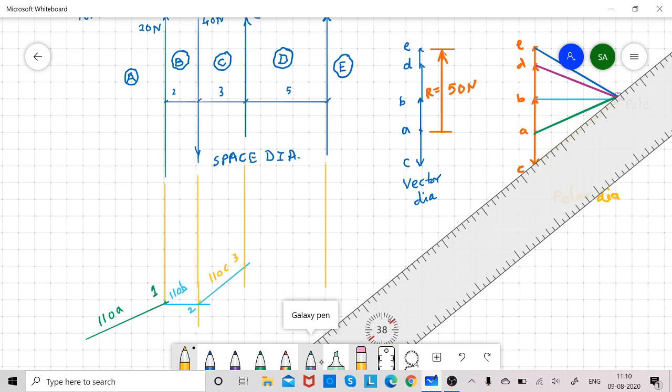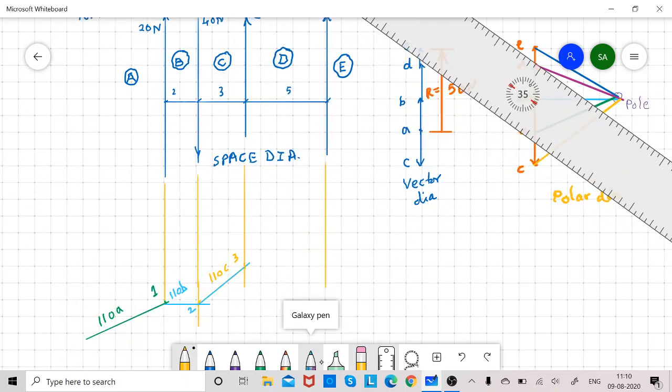Now from point 3 in space D, draw a line parallel to OD.